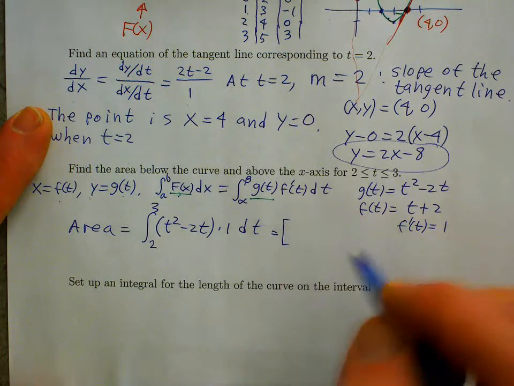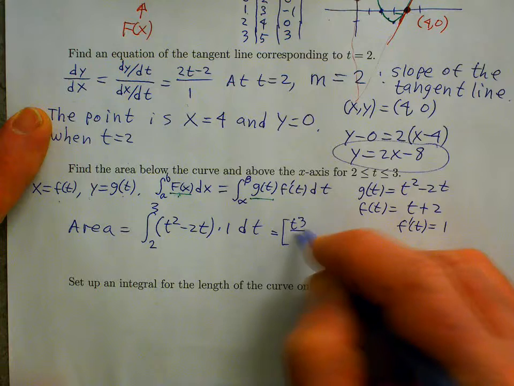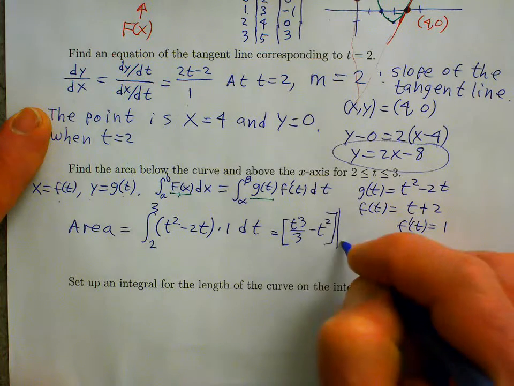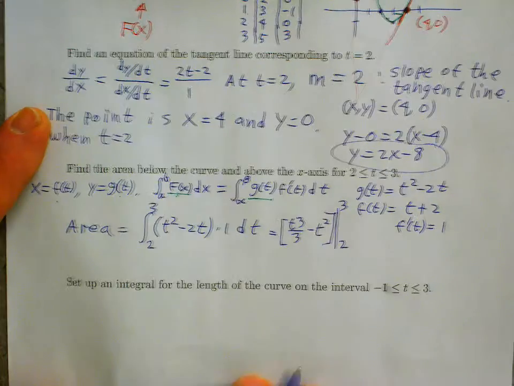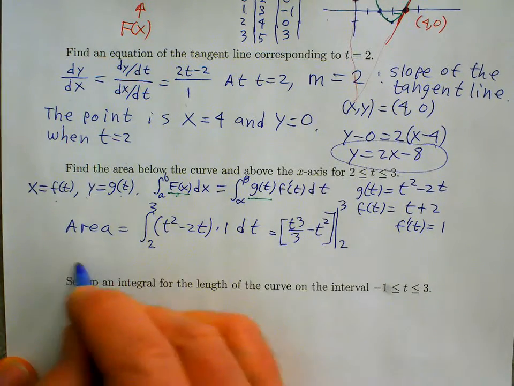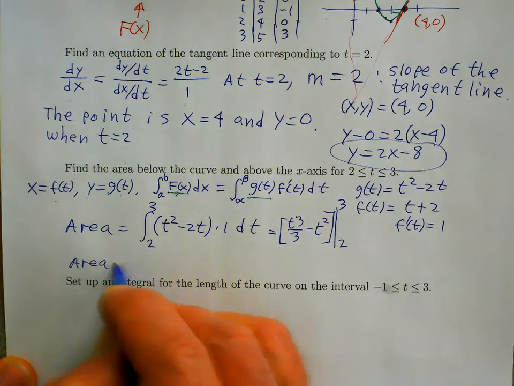So we get t to the third over 3 minus t squared, evaluated between 2 and 3. So let's take it a step or two further.